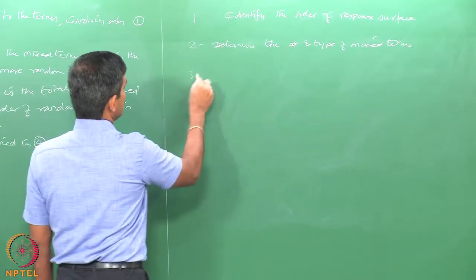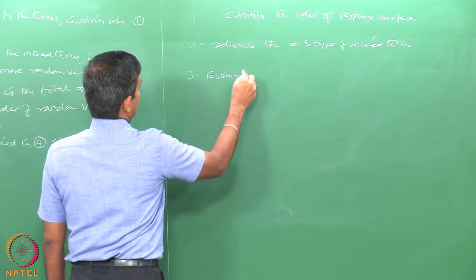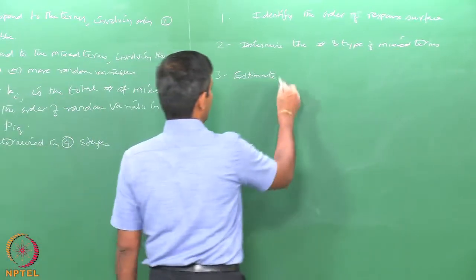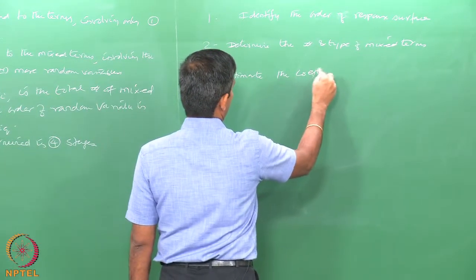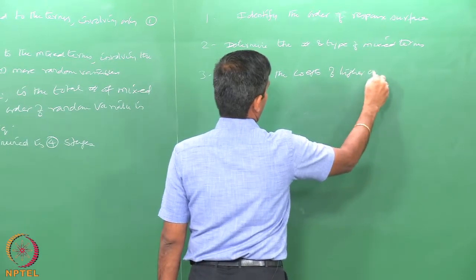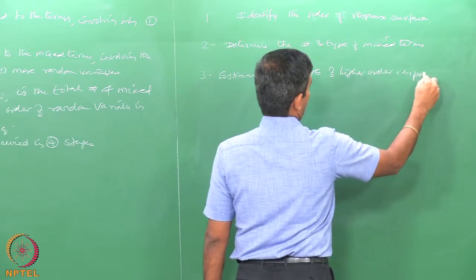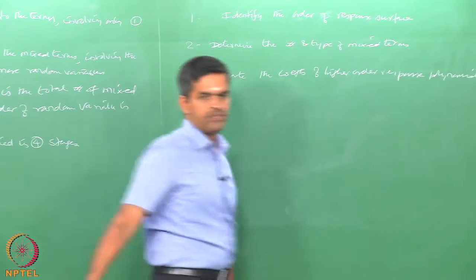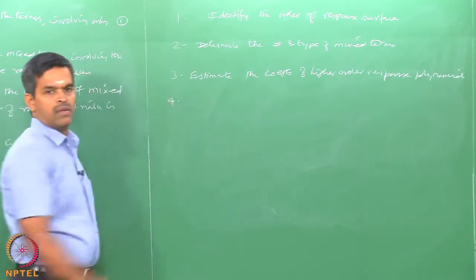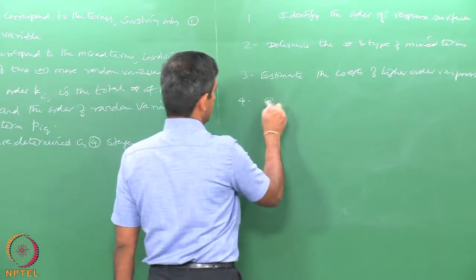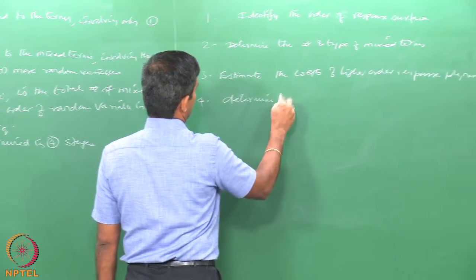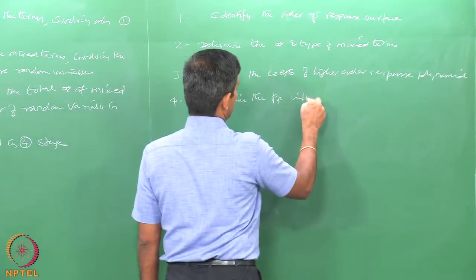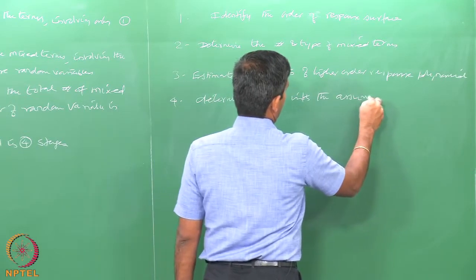Step number 3, estimate the coefficients of higher order of response surface polynomial. And fourthly, determine the probability of failure with the assumed response surface.